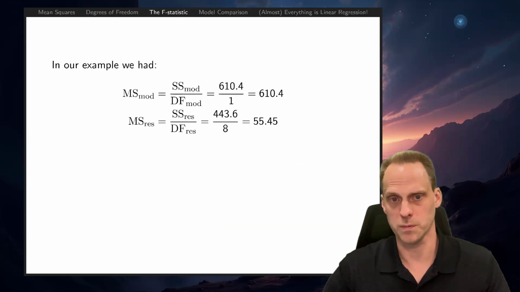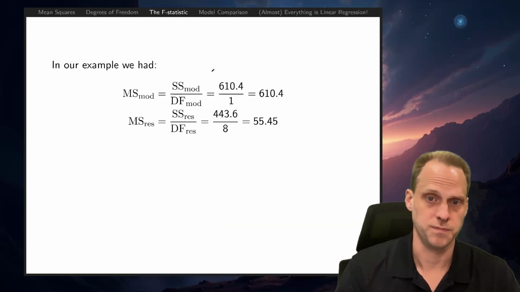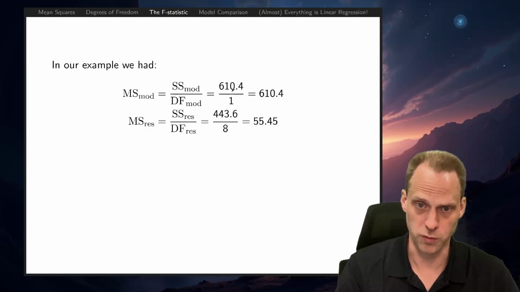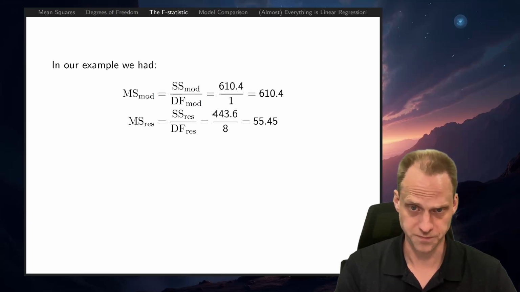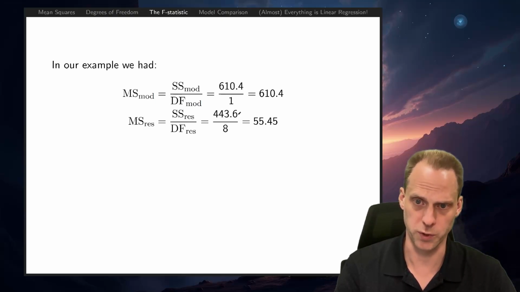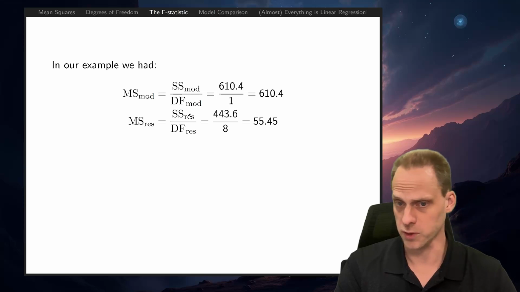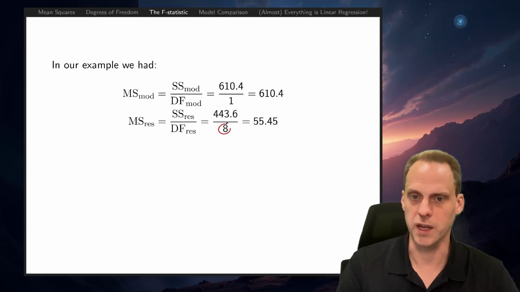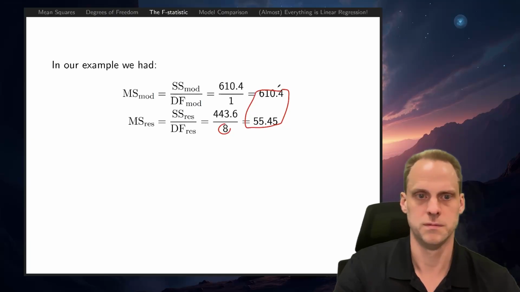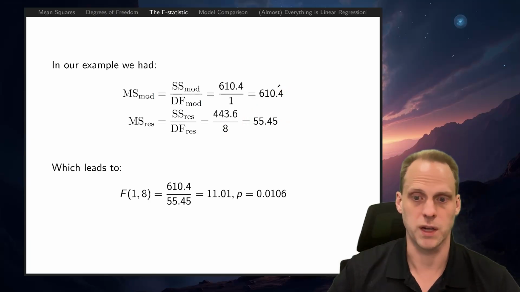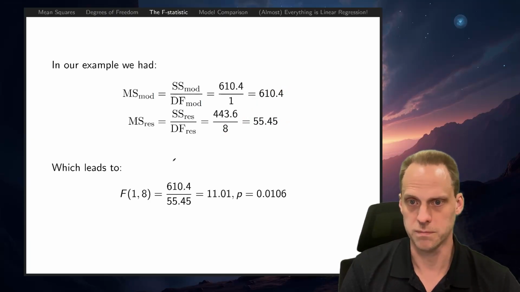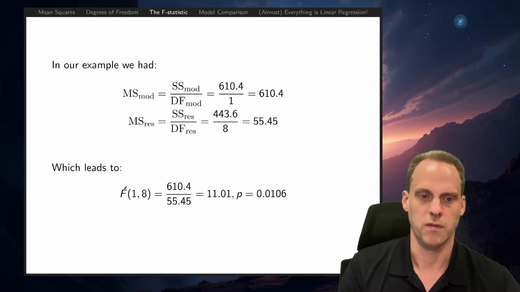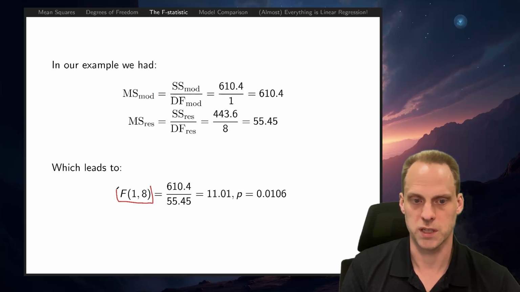So for example, in our example we had 610.4 sum squared of the model, 443.6 sum squared of residuals. We just divide by 8 because it's the degrees of freedom. We get these values. And then we can calculate this F ratio by dividing them by each other. And we have to report it like this, APA style.